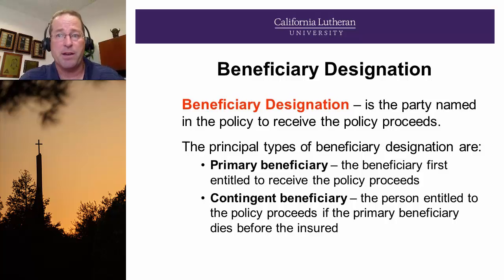If they have passed on, it would go to the final beneficiary. If all classes of beneficiary are dead, the life insurance proceeds would go to the estate of the insured. If they had a will and trust, it's possible it could avoid probate. If they died intestate, it will have to go through probate.